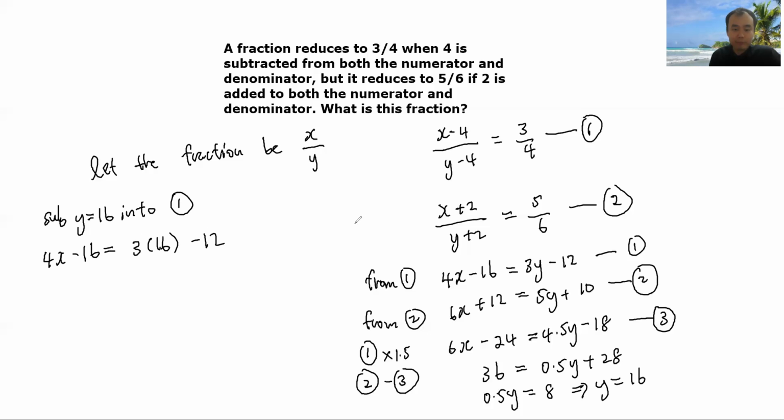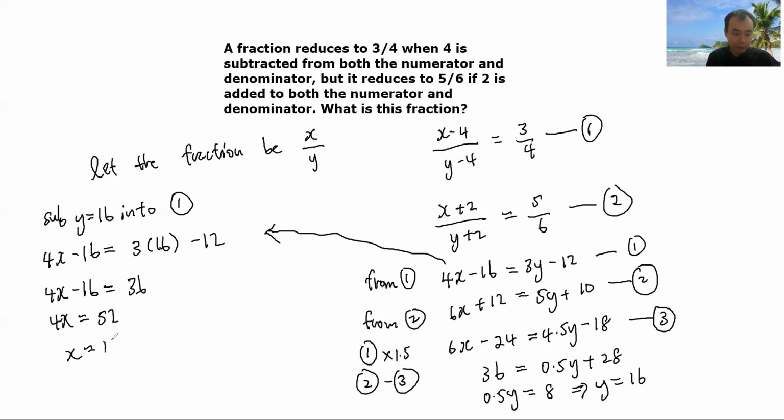What is 16 times 3? 48. 48 minus 12 is 36. So 4x equals 36 plus 16, which is 52. And x equals 52 divided by 4, which is 13.